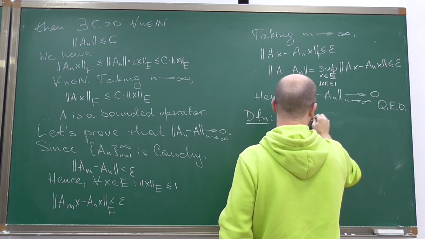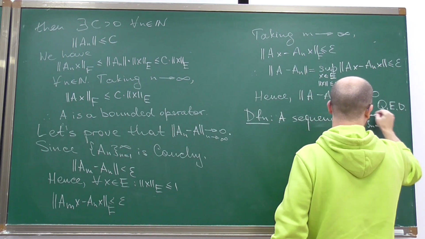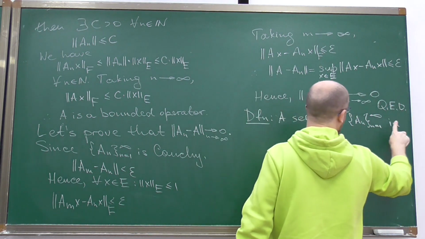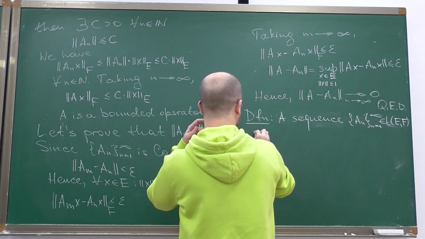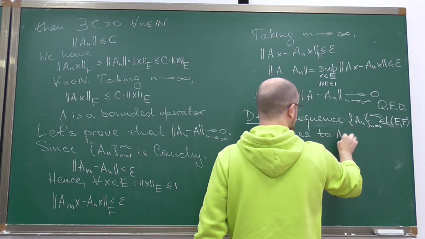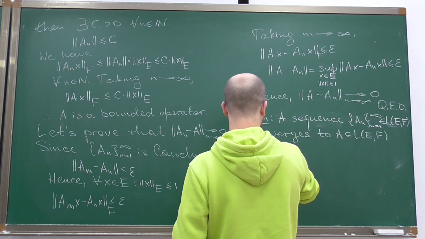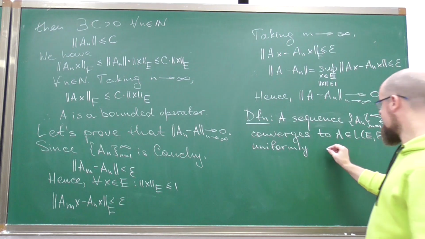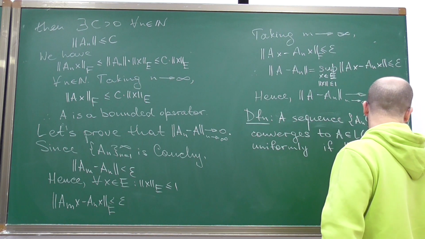A sequence A_n in L(E,F) converges to an operator A uniformly if A_n minus A converges in norm.